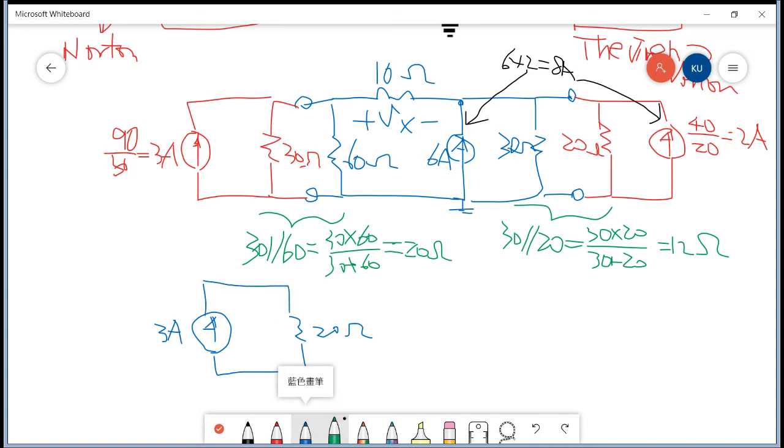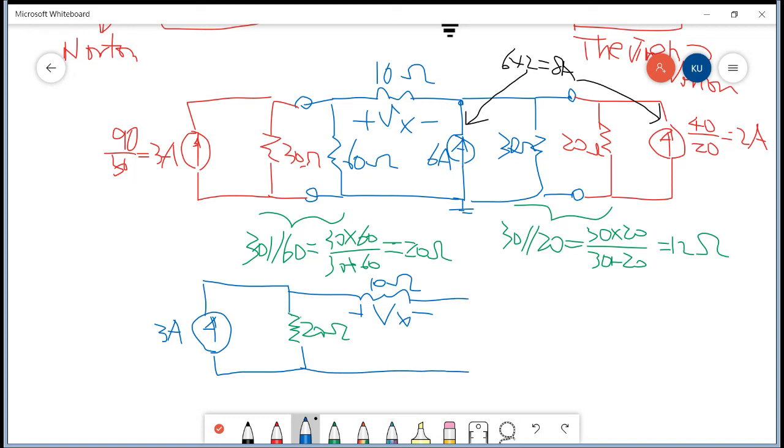Or maybe I can draw in green color, 20 ohm. And then this is 10 ohm, and then Vx plus minus. And then the resistance is 12 ohm. And then finally the current source is 8A.